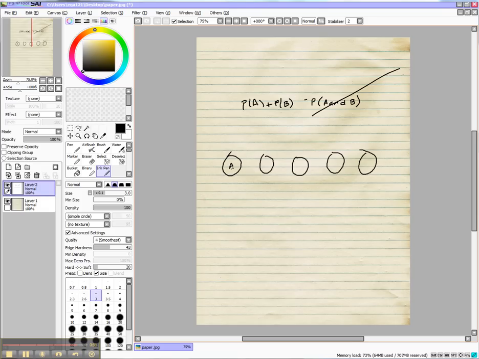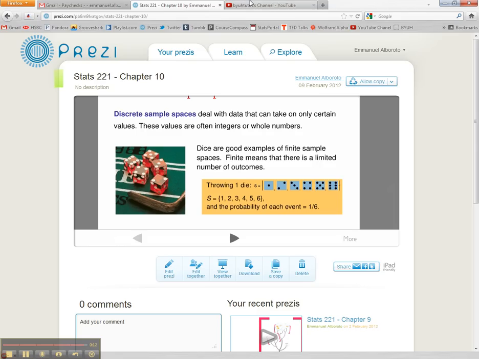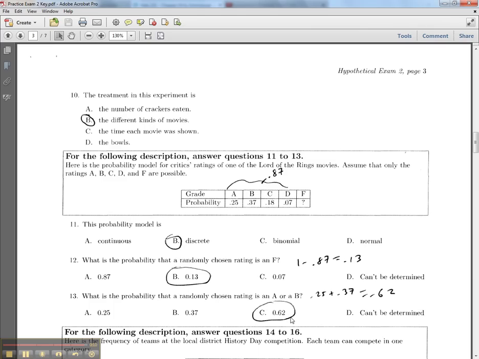Nothing overlaps, so there's no subtraction part. I hope that's clear. I think it's pretty obvious. Something joint is overlapping like that, and that's why you would have to subtract this middle part. But because there is no overlap, there is no subtraction part, you're just adding the 2 grades, and that's why the answer is C, 0.62.